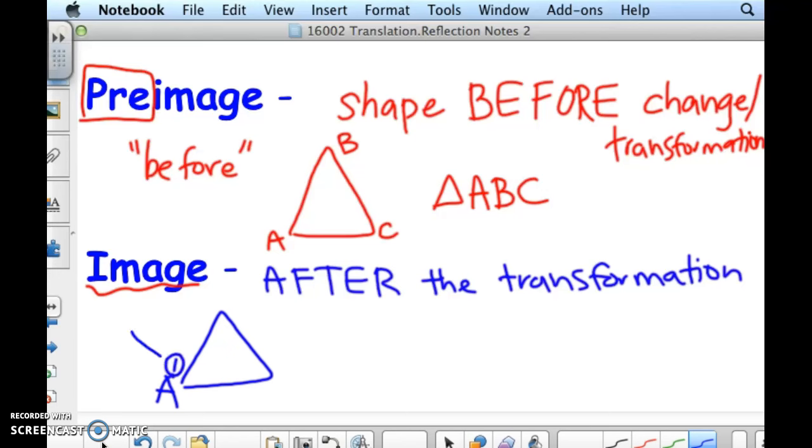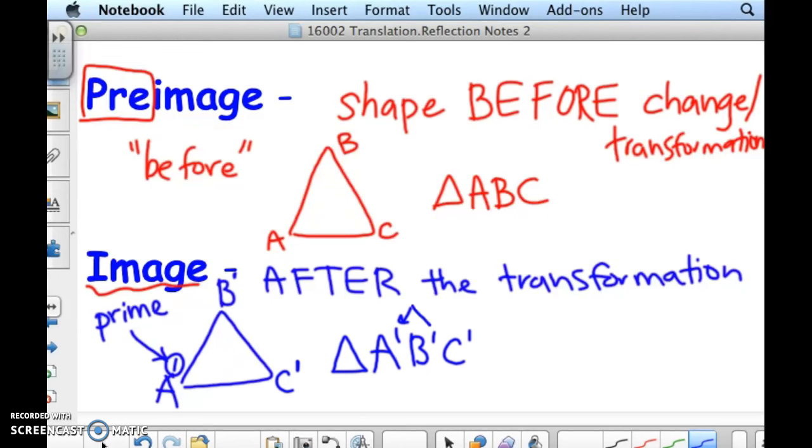This little tick mark reads prime. This is how I'm going to distinguish between my pre-image and my image. So this becomes A prime, this becomes B prime, and this becomes C prime. So when I label my triangle, I'm now going to call it triangle A prime, B prime, C prime. I have to add this little prime symbol every single time I write that point.